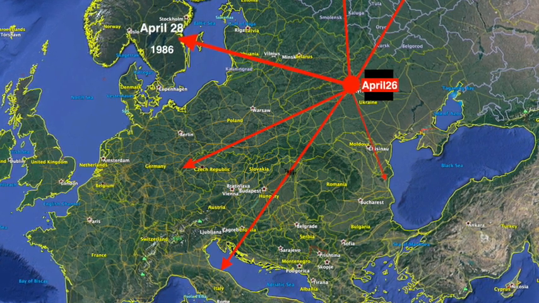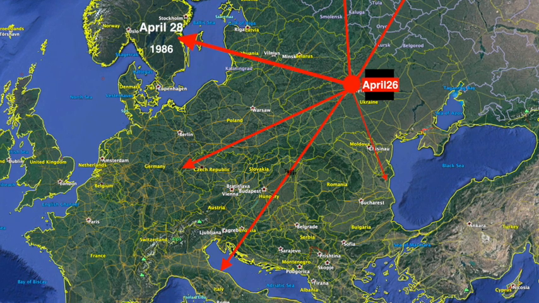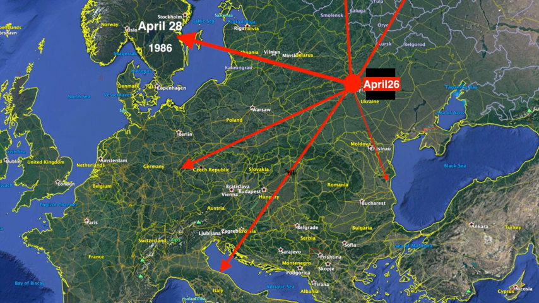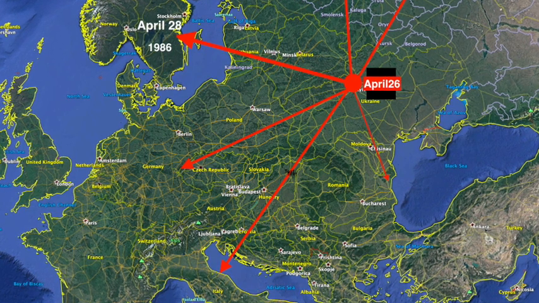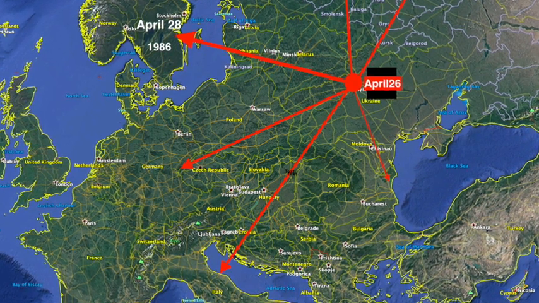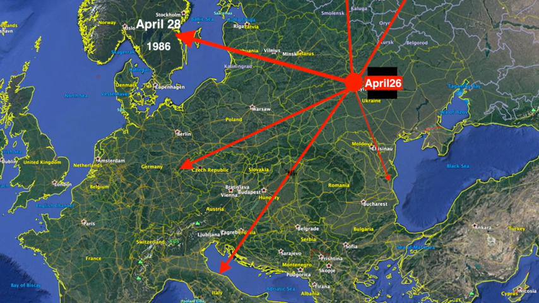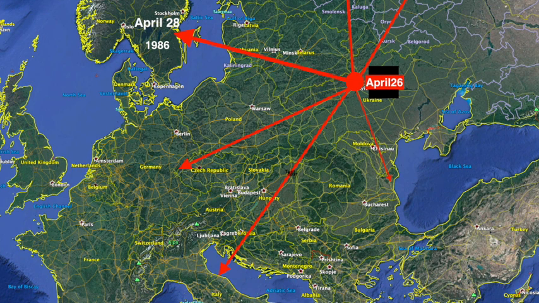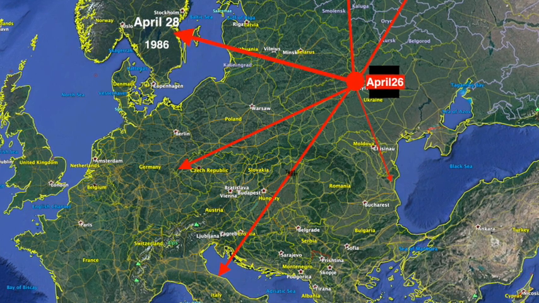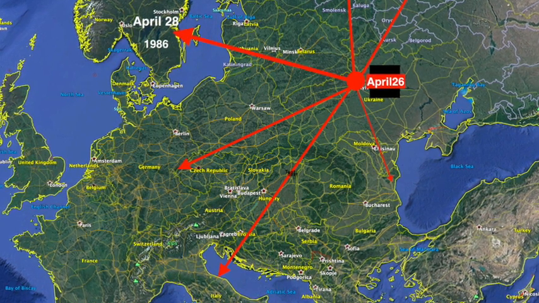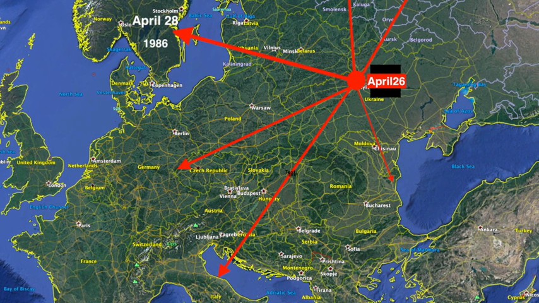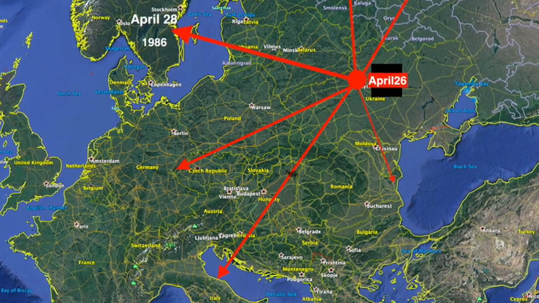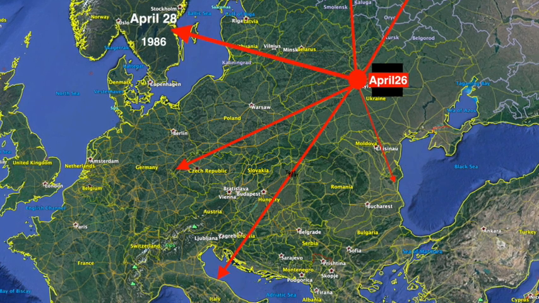And on this map, you can see that radiation went all over, to France, to Germany, to Italy, to the Scandinavian countries. It went everywhere. The majority of the radioactive particles that were coming out of the blown up reactor 4 for 10 full days, most of it was radioactive iodine-131 with an 8-day half-life, and worse, cesium-137 with a 30-year half-life.